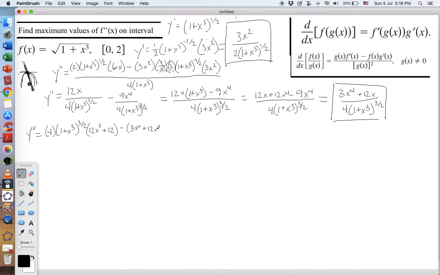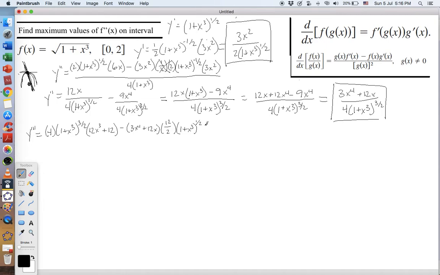plus 12x, and we're going to multiply that by the derivative of the bottom function. So we've got 3 halves times 4, which is 12 halves, or 6. We're going to multiply that by 1 plus x cubed. Remember, we're using the chain rule now. Subtract 1 from 3 halves, or subtract 2 halves from 3 halves, we get 1 half.